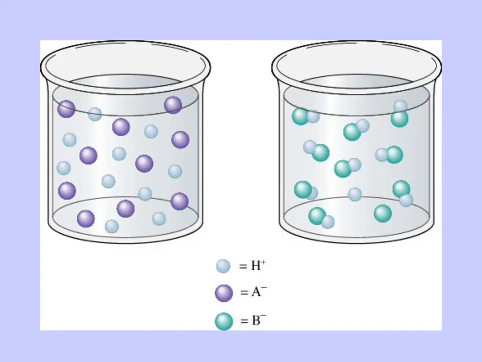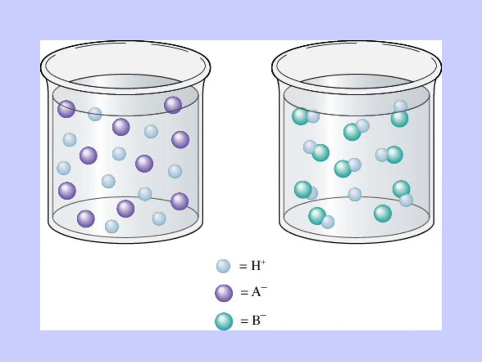This is the very last picture, once again trying to emphasize the difference between a strong acid and a weak acid. Take a look at these 2 beakers, think about our definitions for a strong acid and a weak acid, and see if you can figure out which is which. One is a strong acid, one is a weak acid.